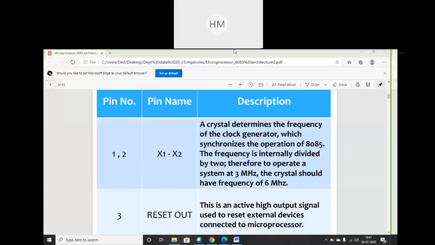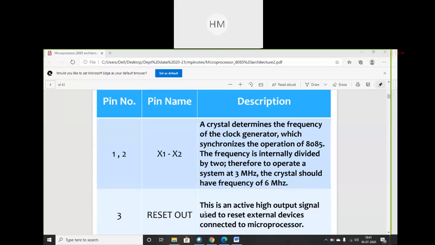Anything you want to ask? Okay, nothing. So what we are saying is, the frequency is internally divided by 2. Whatever is generated at these pins is internally divided by 2. So if I need 3 megahertz frequency to run the microprocessor, then externally 6 megahertz will be generated.